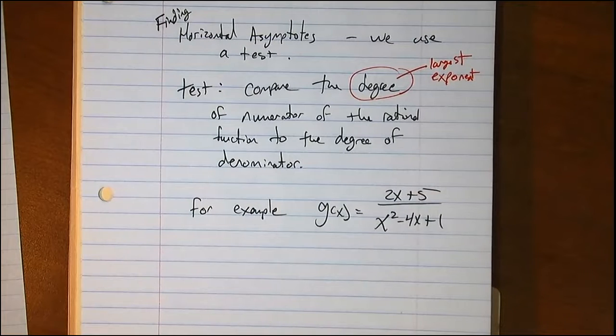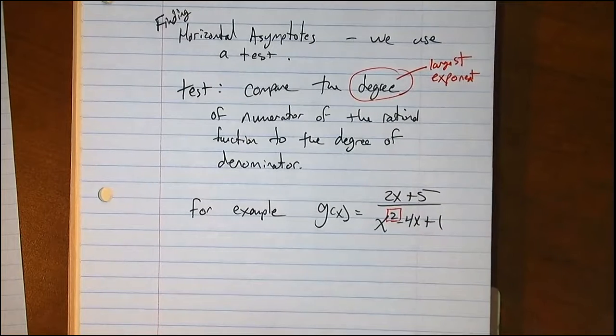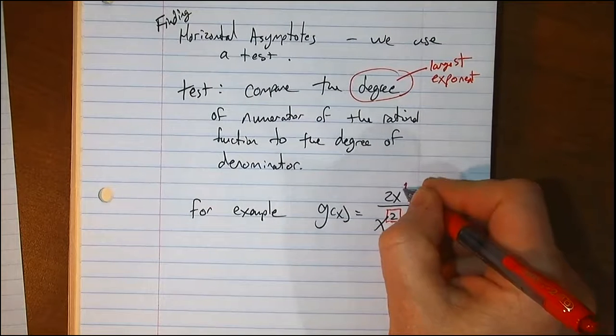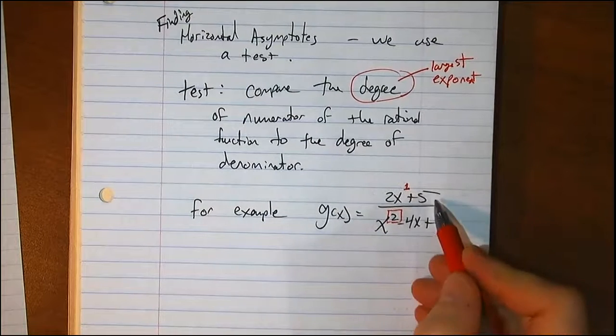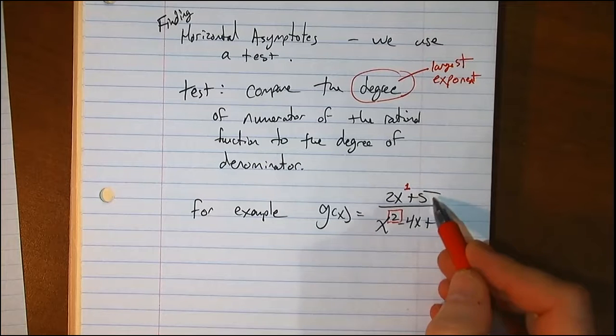I want to compare the degrees. My largest exponent down here is very clearly a 2. There's no doubt, that's the only exponent I can see, so that must be the biggest exponent. In the top, remember this x has a sneaky ninja 1. And anytime there's not an x, that's like an x to the 0 power.